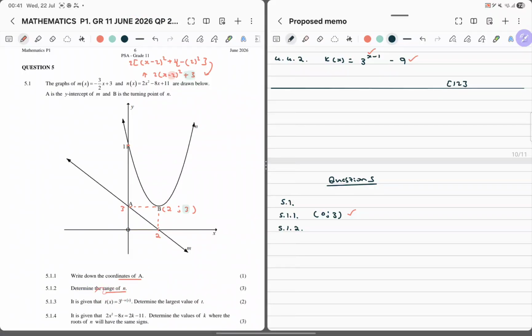So if it says determine, we can just write here that basically n of x is equal to, no one will ask how did you do it, as long as you know you did it well somewhere in the rough work. If this is the case, we can just write therefore the range is equal to a set of y values such that y is greater than and equal to 3, where y is an element of real numbers.